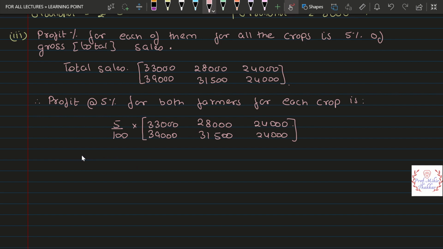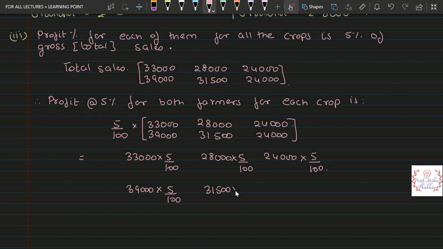So this is going to be equal to 33,000 into 5 upon 100, 28,000 into 5 upon 100, 24,000 into 5 upon 100. For the second row, multiplied by 5 upon 100, 31,500 into 5 upon 100 and 24,000 into 5 upon 100.